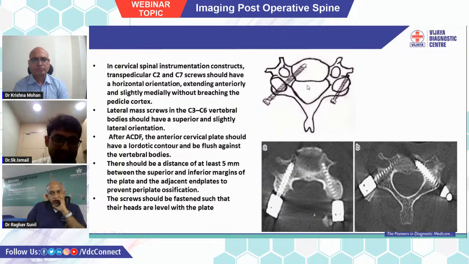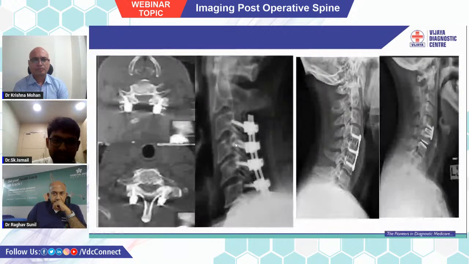This orientation usually helps, especially when reporting a post-operative CT. Sometimes the patient does not bring any operative notes, so it gives a brief idea of the fixation that has been done and helps to look for complications. Also the commonest post-op X-rays which we see are for ACDF.